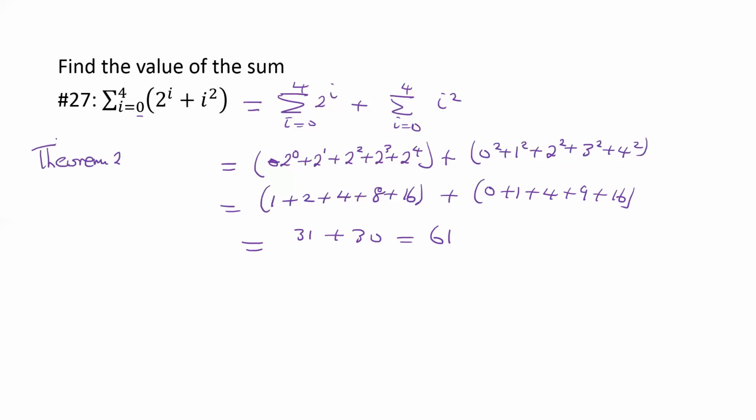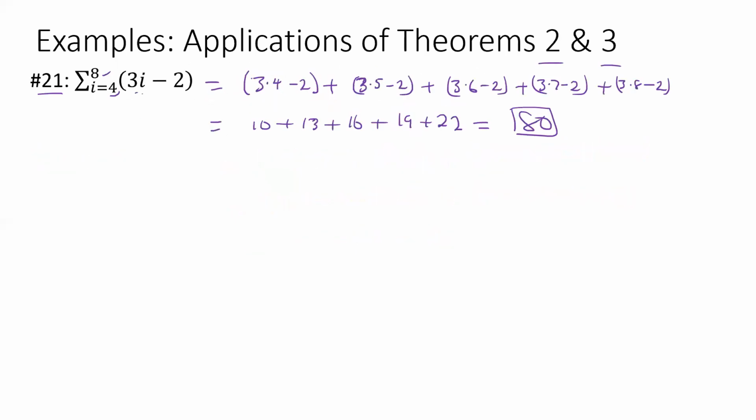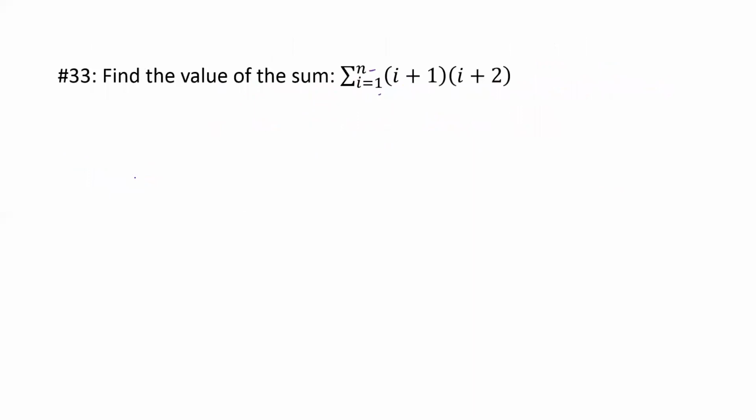So for the next one, number 3, we want to use theorem 3. We are given the sum from i equals 1 to n of (i plus 1) times (i plus 2).